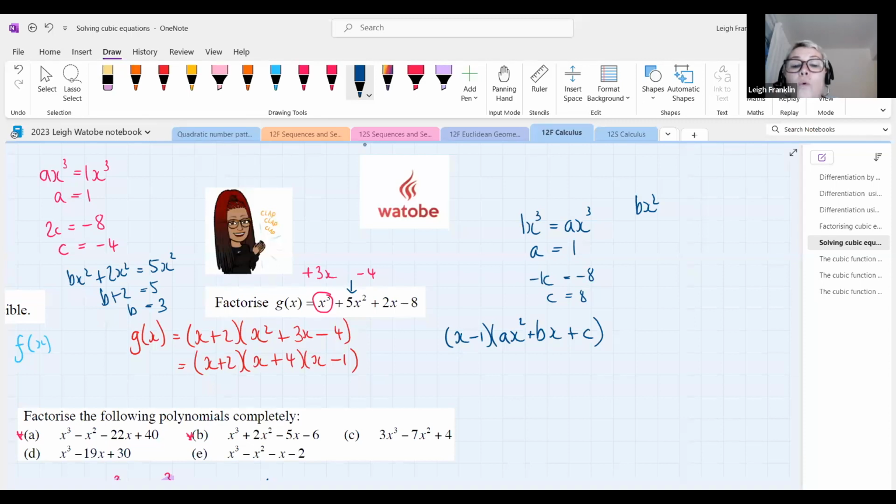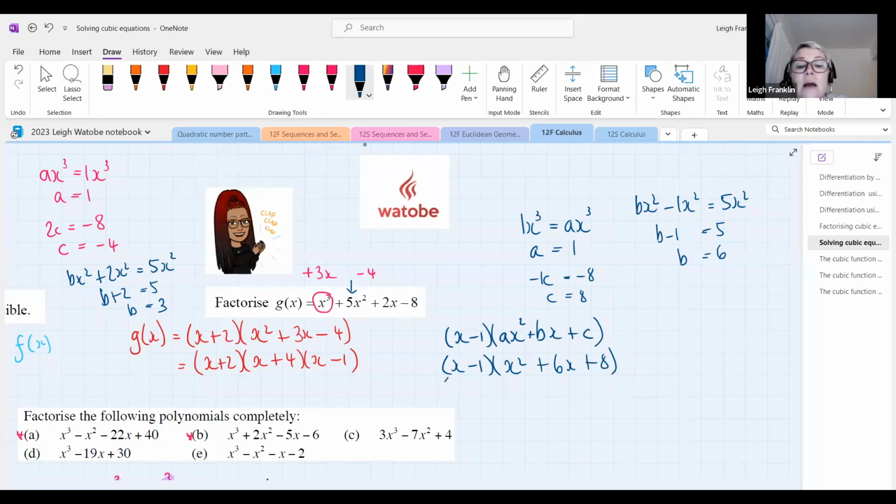But then your negative 1 times ax squared would have given you minus 1x squared, and that would have been equal to 5x squared. So you would have had b minus 1 is equal to 5, so b would be equal to 6. So if you used x minus 1 as your linear factor, your trinomial is x squared plus 6x plus 8.